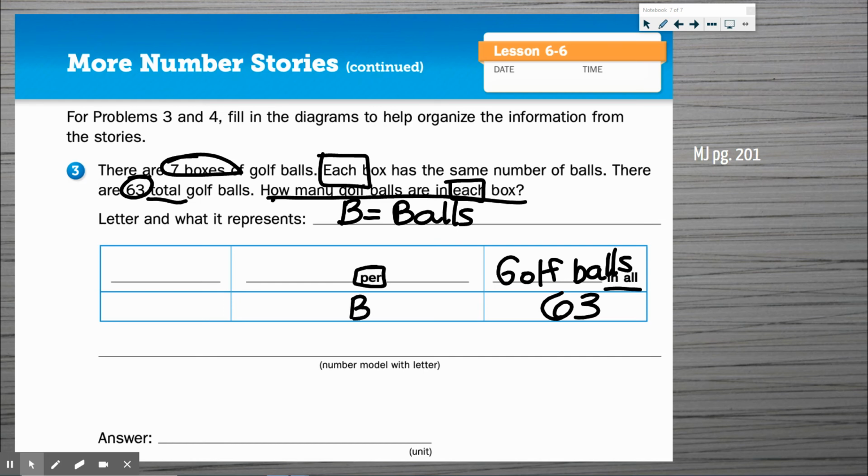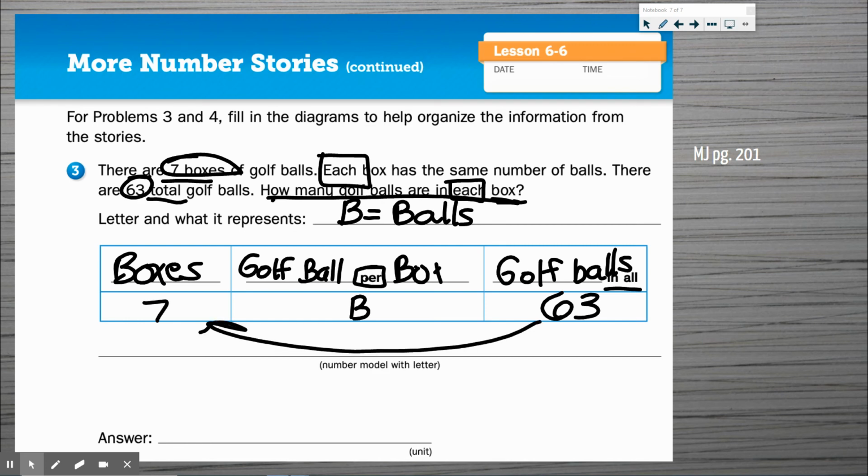So I'm going to put a B here because we're trying to figure out golf balls per box. And I do know that this one's going to be boxes. There are 7 boxes. So go this way, divide. 63 divided by B equals 7.